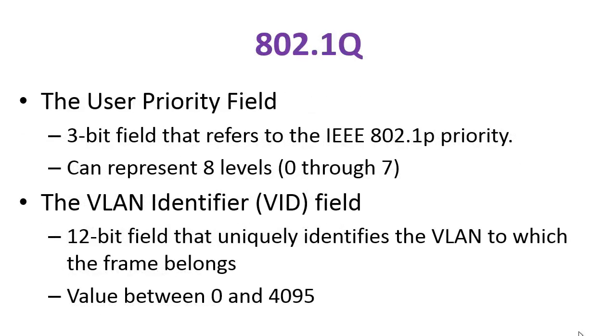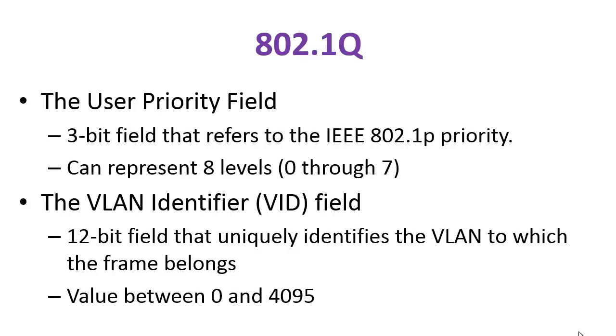If you've worked at all with telephony, this would look familiar to you. The 3-bit field refers to the 802.1p priority, and there are 8 separate levels of priority. It also has a VLAN identifier field, a 12-bit field that uniquely identifies the VLAN to which the frame belongs.